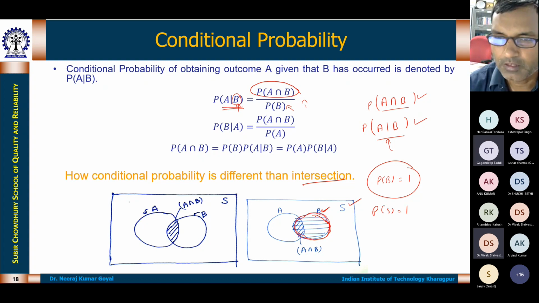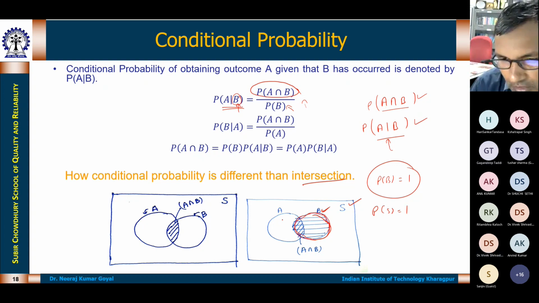Yes, sir. Right. Now in B, what is the chance A can occur? That is only the A intersection B. So A intersection B is the area, or the probability, in which A can occur, right? Because now outside this area, this event does not exist.